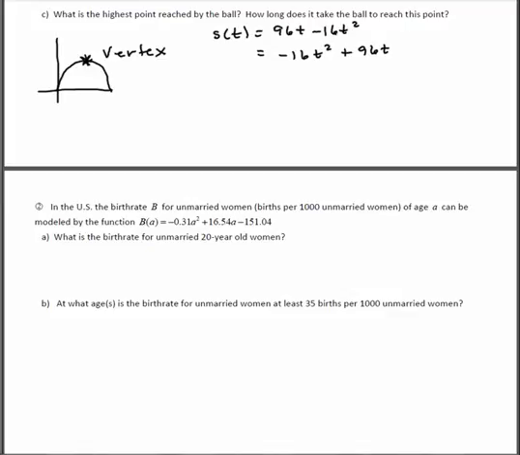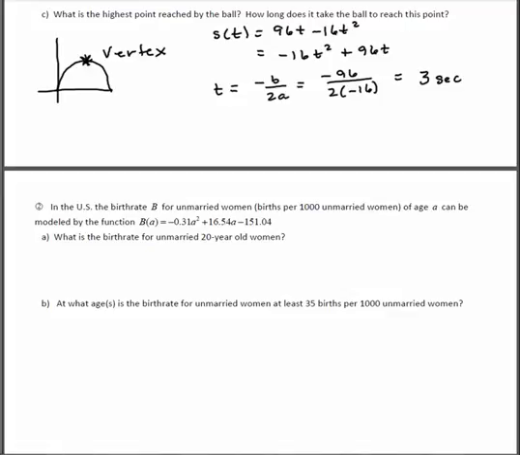I can say the vertex would have a t value of minus b over 2a, which is negative 96 over 2 times negative 16, which comes out to 3. So after 3 seconds, the ball has reached its highest point.